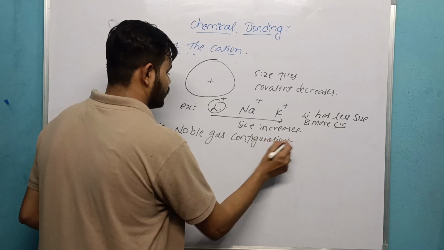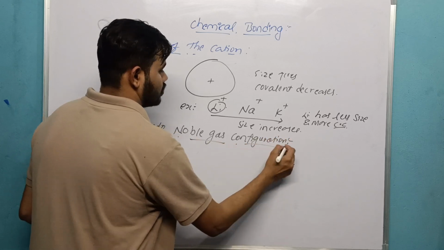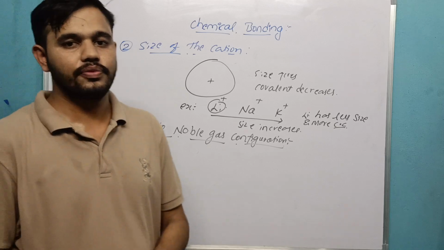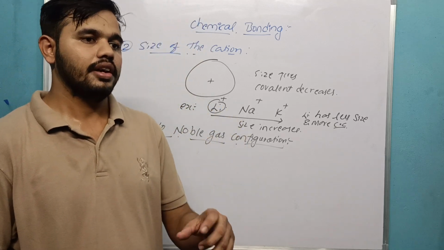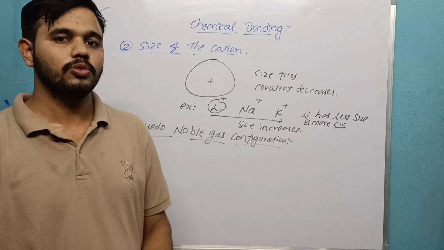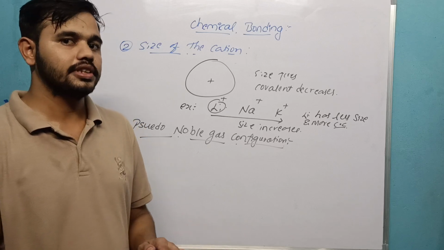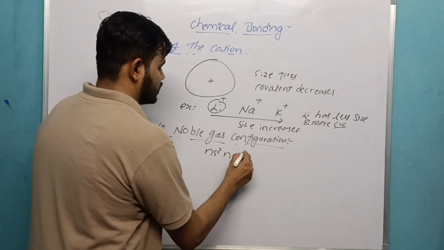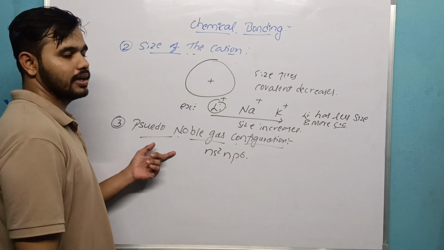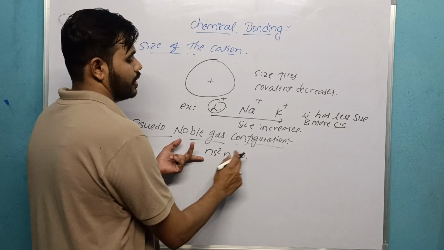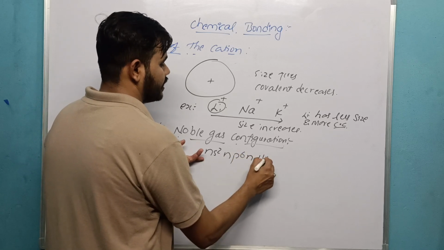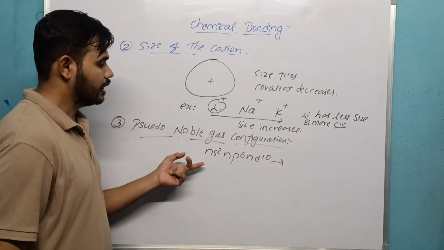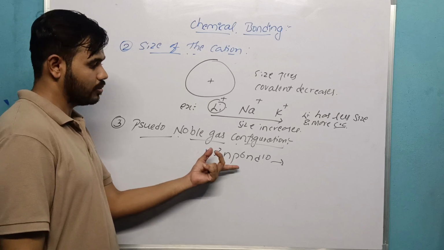Pseudo noble gas configuration. First of all, noble gas configuration means the outermost shell will be ns2 np6. But pseudo noble gas configuration is ns2 np6 nd10.